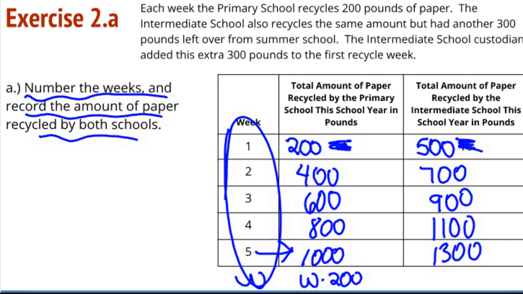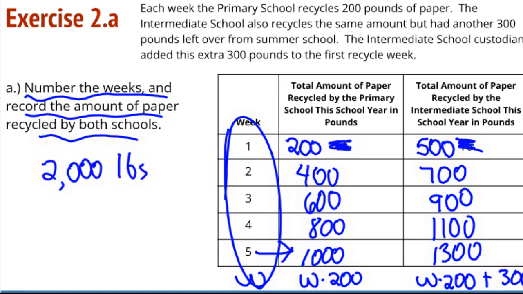And over here I've got the weeks times 200, and I am adding 300 because they had that 300-pound head start. So I would find that after 10 weeks, the primary school has recycled 2,000 pounds, and the intermediate school has recycled 2,300 pounds.